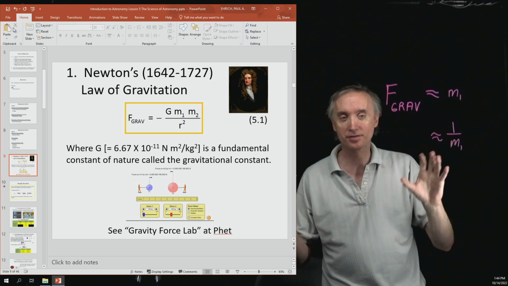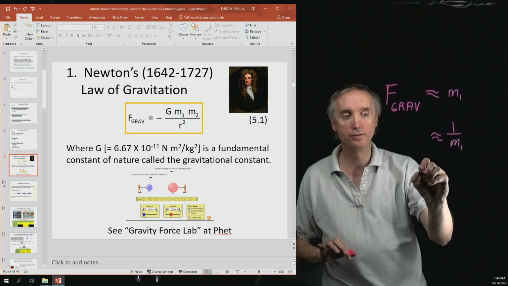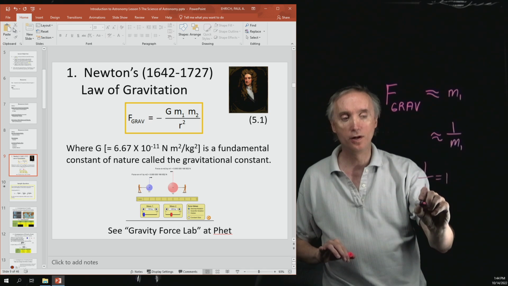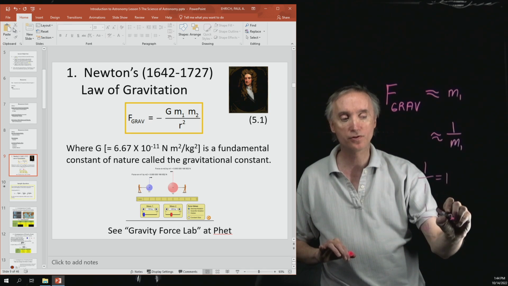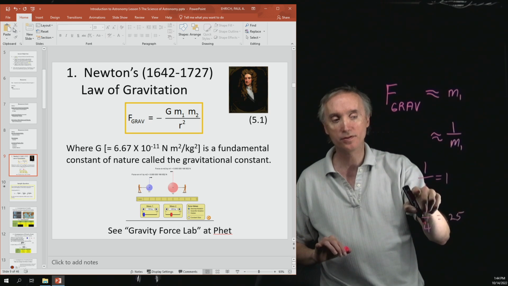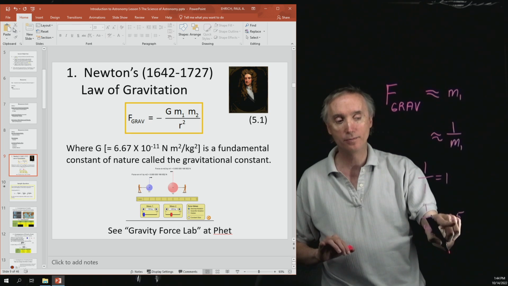So what would be the difference in putting the M on the top versus the M on the bottom? Okay, now here's again some algebra type stuff. You can do this with your calculator. So 1 divided by 1 is a 1. And then 1 divided by, let's say, 4 is 0.25. So did you notice that if you made this number in the bottom part of the fraction bigger, then what came out got smaller?